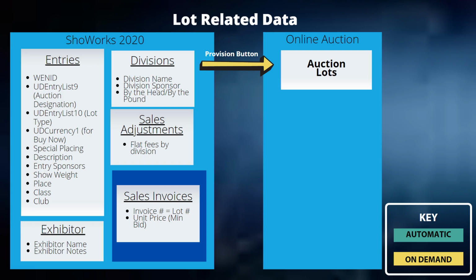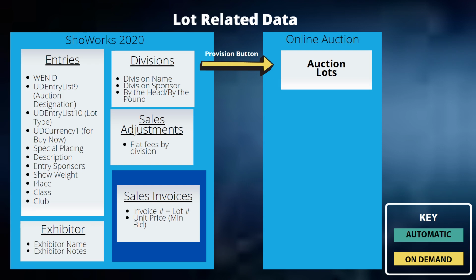Looking at lot related data, so this is entry lots. These will come over to the online auction via the provisioning tool in your ShoWorks 2020 fair file. Information that will move over and apply to those lots will be anything regarding your entries. So the win ID, the auction designation, what type of lot it is.